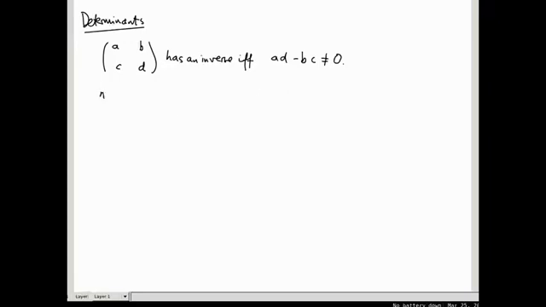So an n by n matrix has an inverse if and only if its determinant is non-zero. So we're going to define determinants today.